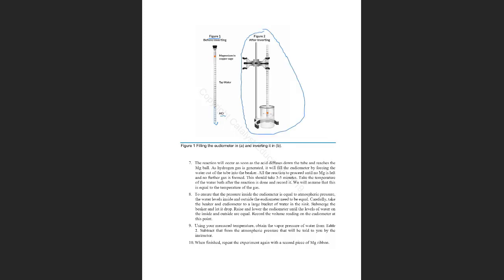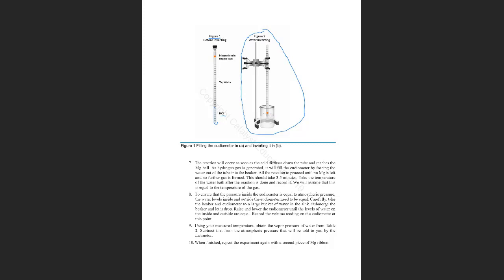So we prepare the tube first as in figure 1, then we quickly invert the entire tube into the beaker that has water. Once you have inverted the eudiometer, the 6 molar hydrochloric acid, which is denser than the water, will start to settle at the bottom where the magnesium is located.